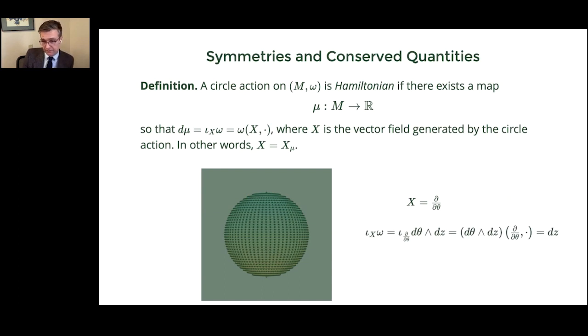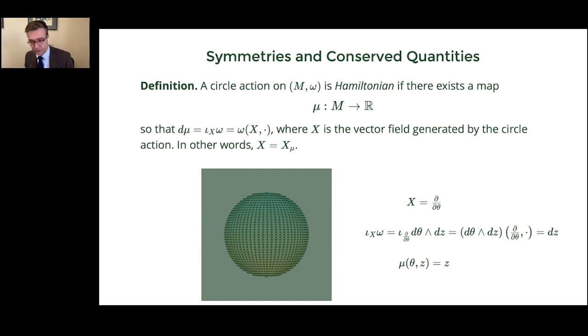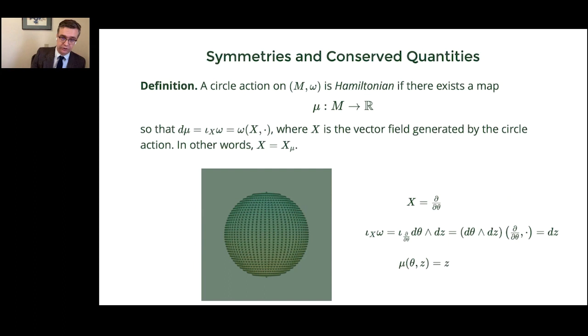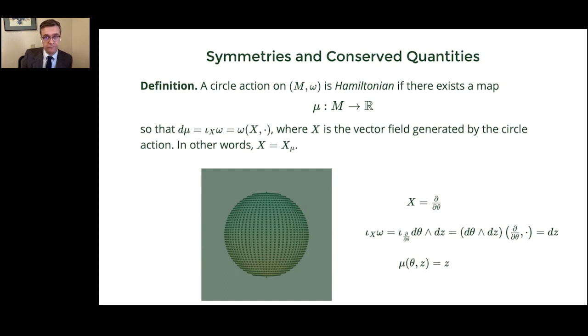If I contract that vector field into the symplectic form, I get dz. And we already saw that dz is obviously the differential of the function z. And so this circle action is a Hamiltonian circle action, and the associated map is the height function.